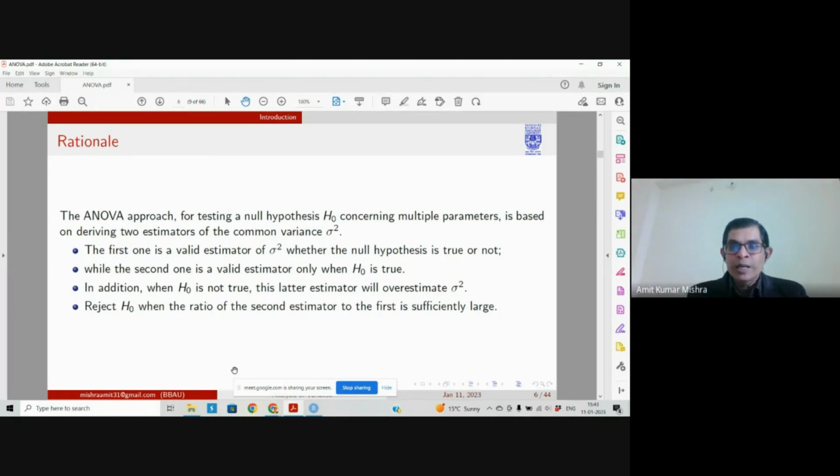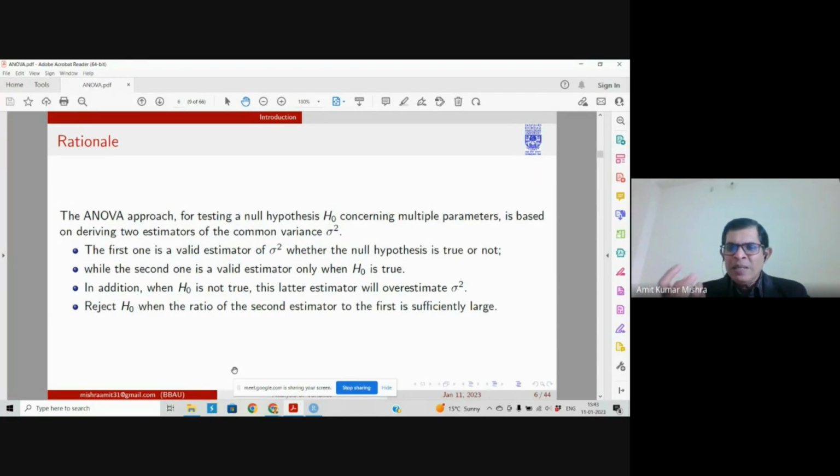So our question is only simple. If it is sufficiently bigger than 1, that will indicate that our null hypothesis is not true. So the idea is, we will reject the null hypothesis when the ratio of the second estimator to the first is sufficiently large.